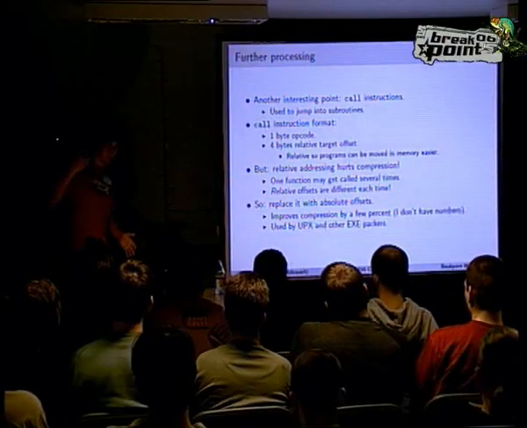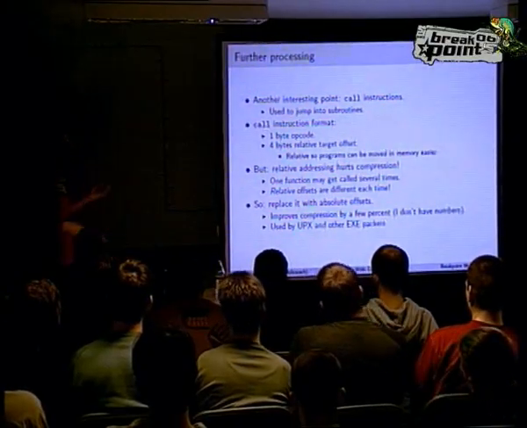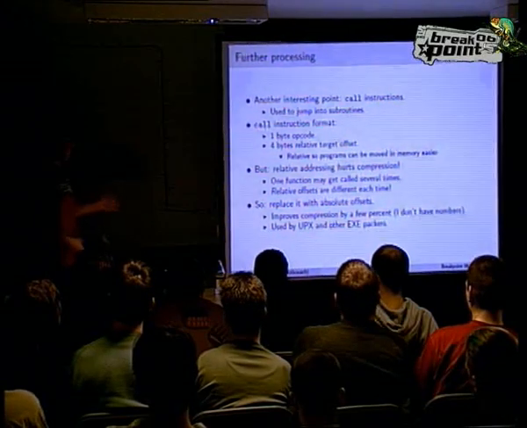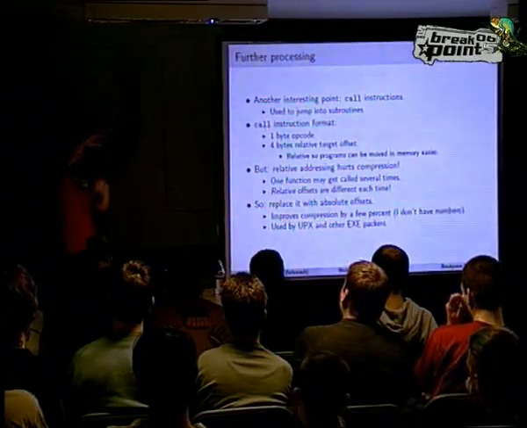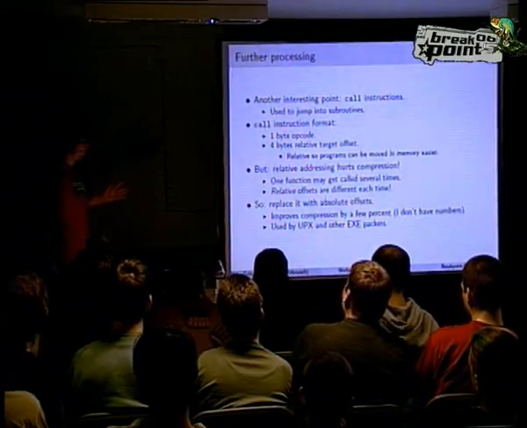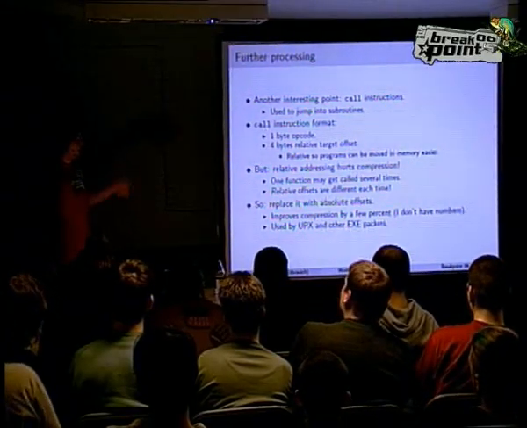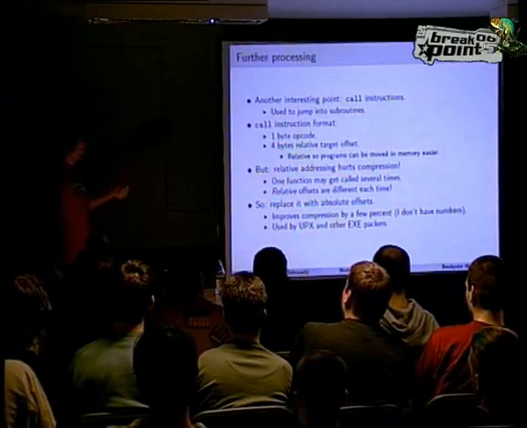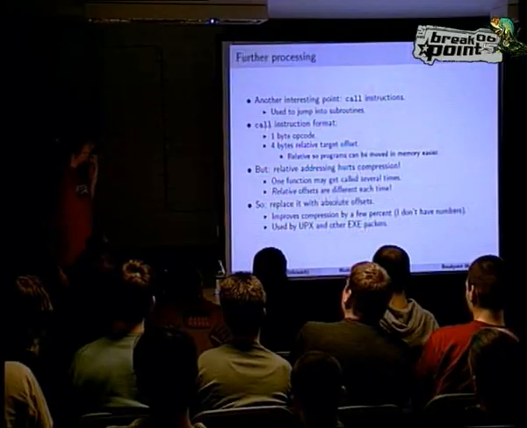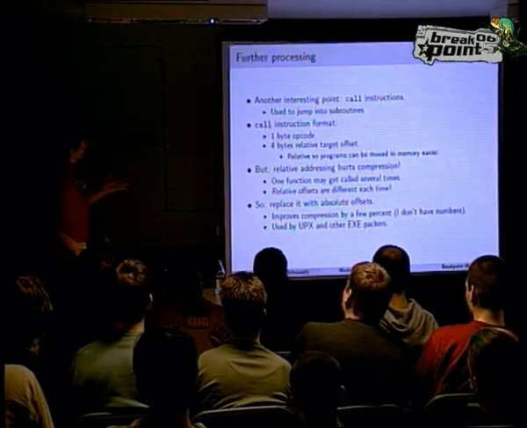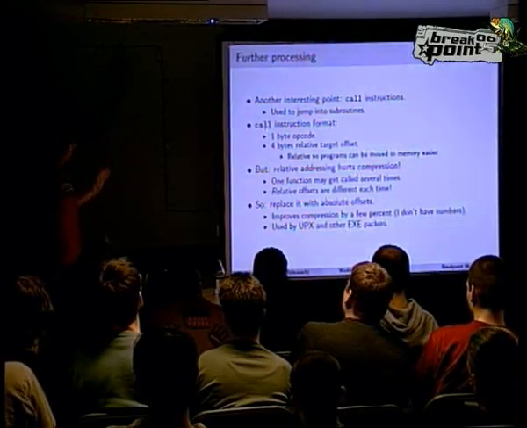But those that get called several times, you would expect to get some gains in that, because it's this call opcode and the same address, and you have that several times, so you would expect some compression. But with a relative offset, the offset you see for this call instruction is different every time a function is called, because it changes every time. So relative offsets are different each time.